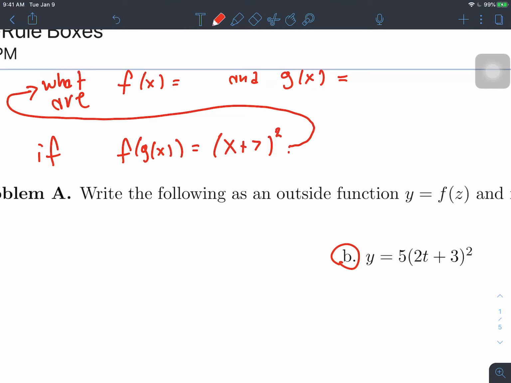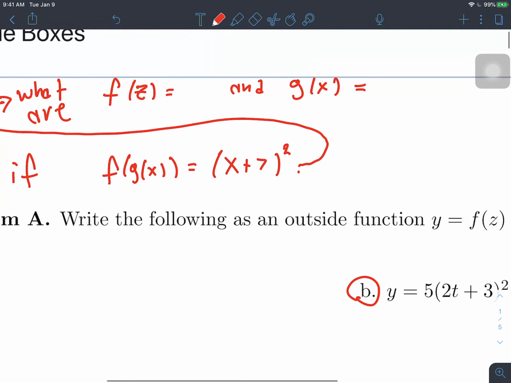Also, by the way, I should note, usually we don't write the same letter in both. We'll write something like z in f. And then we say, okay, we plug g of x in for z in f of z, and we get x plus 7 squared. And I want to figure out what f and g are.